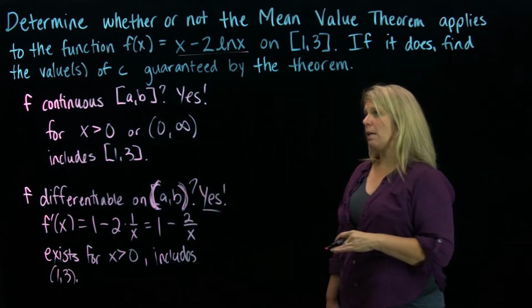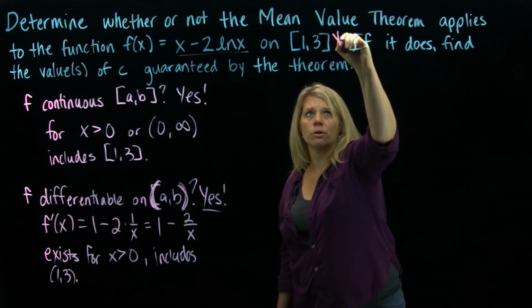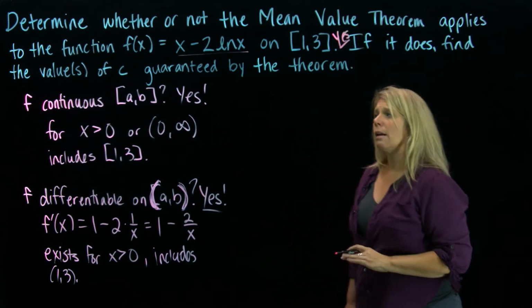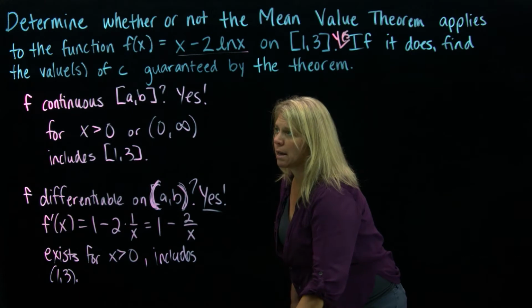So our answer would be mean value theorem does apply to this function on that interval. And if it does, then we want to find the values of c that are guaranteed by the theorem.